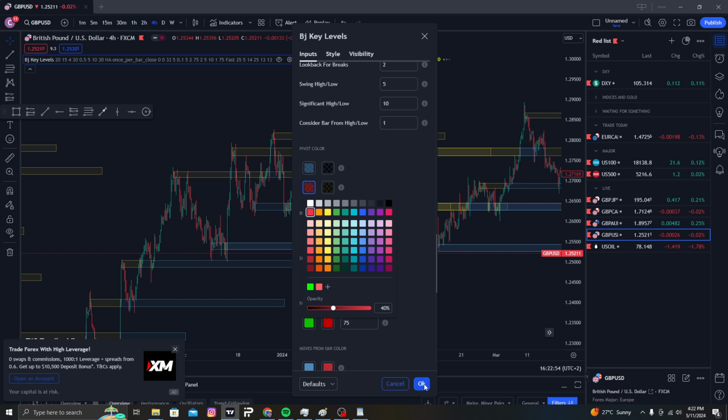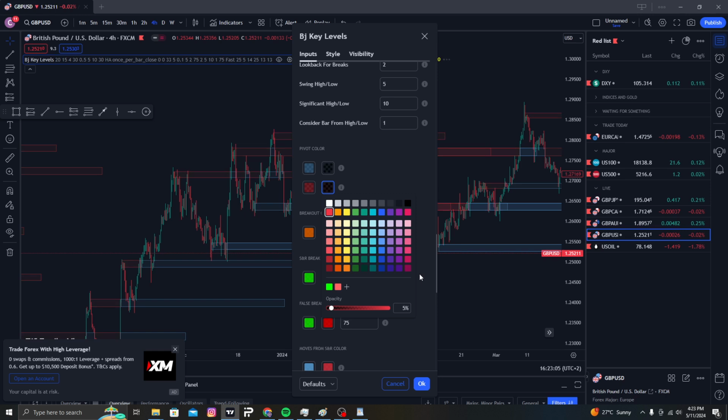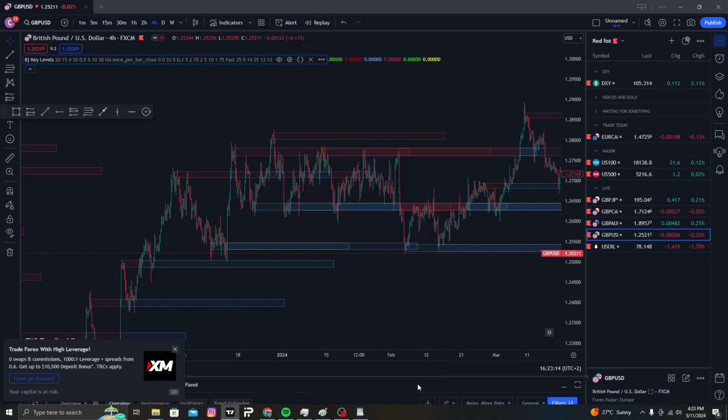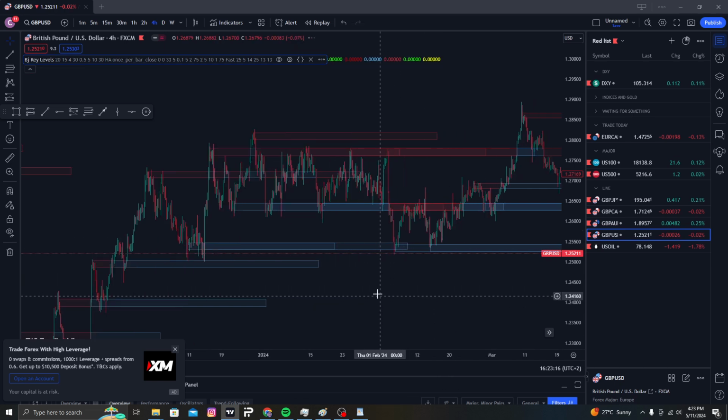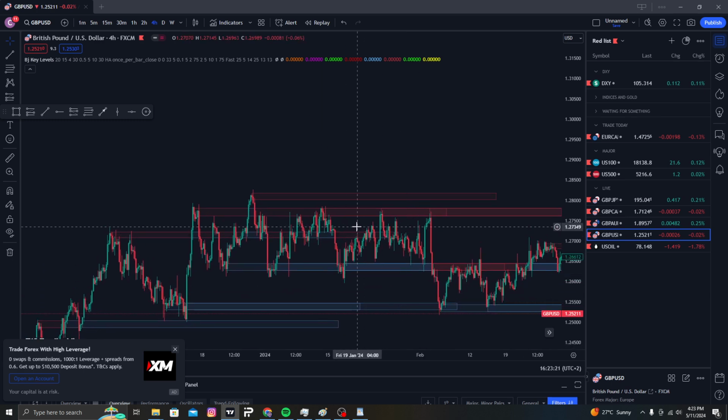I guess I'm wrong, because it's changing. I changed to red. You see it? You can change this one as well to red. It just took time. You see? It's powerful. The reds are for sell. The blues are for buy. You see how powerful it is?